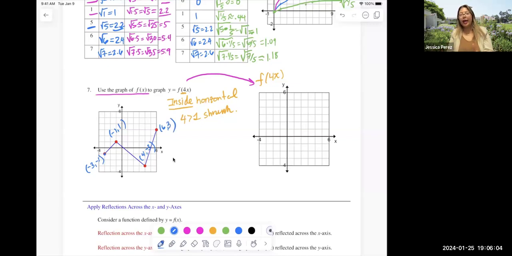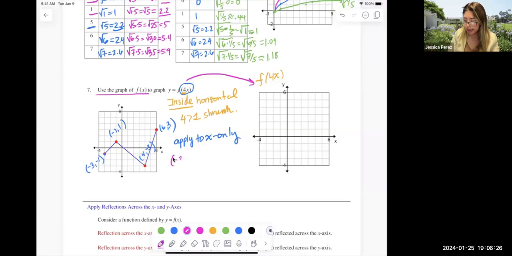So what is going to happen? How are we going to graph the next function, f of 4x? Well, we know this 4 is going to be applied to the x only. So remember, if we had -3, -1, for f of 4x we're now going to have -3 over 4.